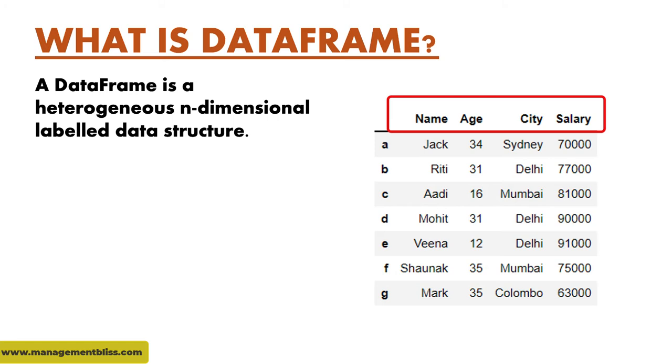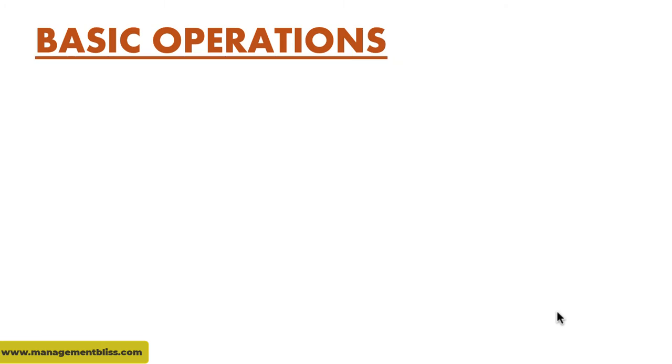These are column names and these are row index labels. A data frame is similar to an Excel worksheet, and like in Excel, we can perform data analysis on data frames using different APIs. Now let's move ahead and look at some of the basic and wonderful operations that we can perform on a data frame using different examples.